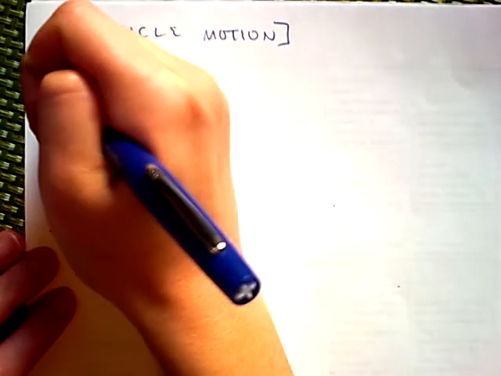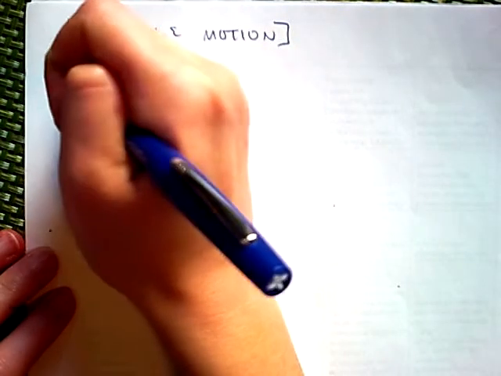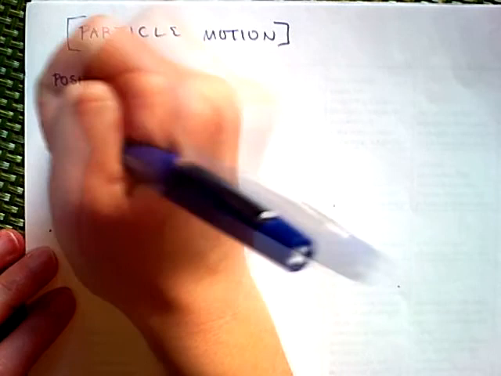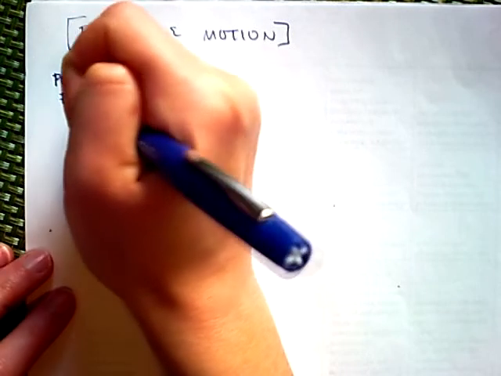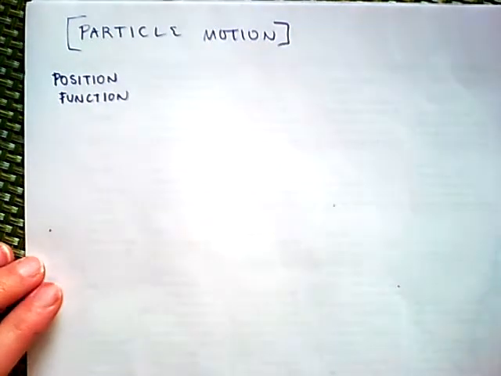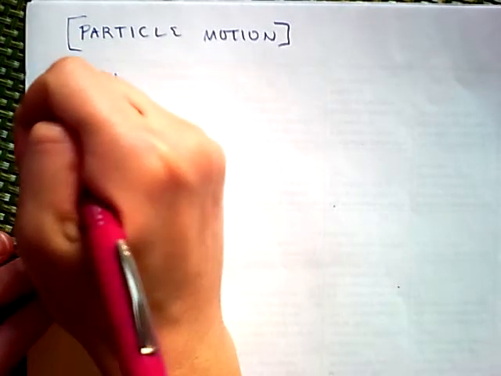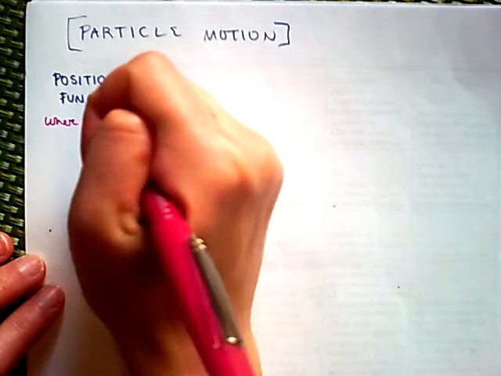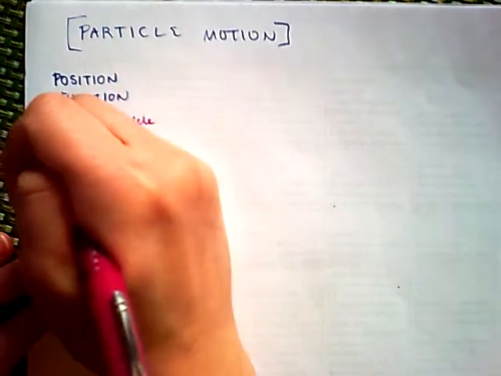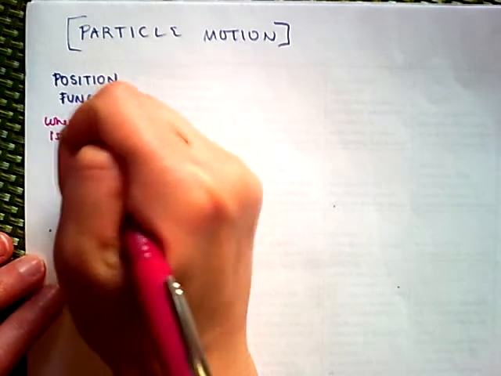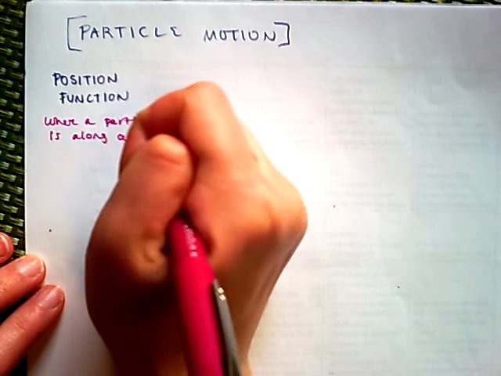So I'm going to formalize for you what we started exploring in class, which is this idea of a position or a distance function. I'm going to call it the position function here. And this is telling us where a particle or object is along a straight line.